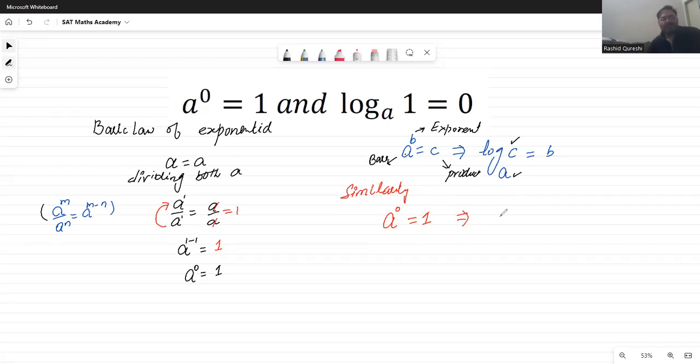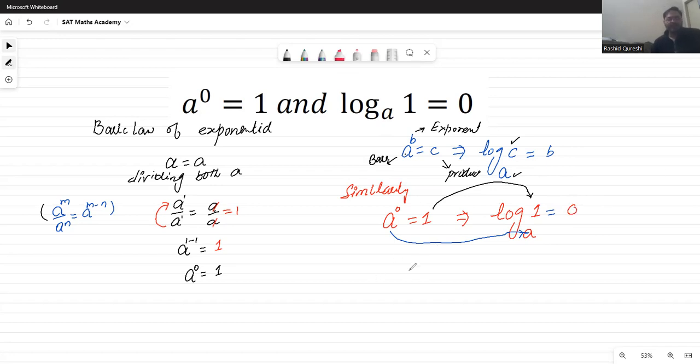So this implies log of 1, this a becomes the base with the blue marker, is equal to 0.